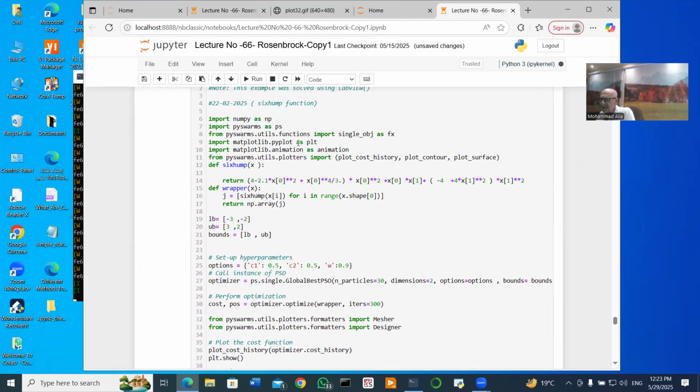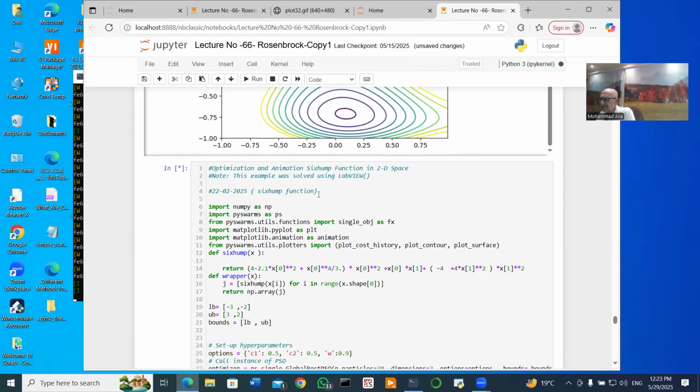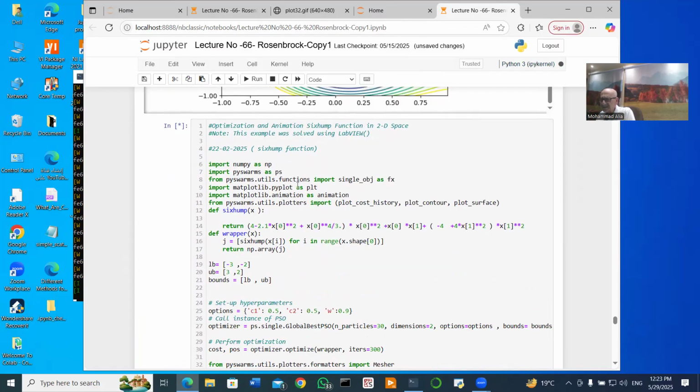And also at the cell, from the left side, you see this asterisk, which means that the algorithm is working and has not yet come to an end. We shall watch it. When it comes to an end, we shall go down and have a look at the results anew. I am sure that we will have the same results and the same position or point of convergence.